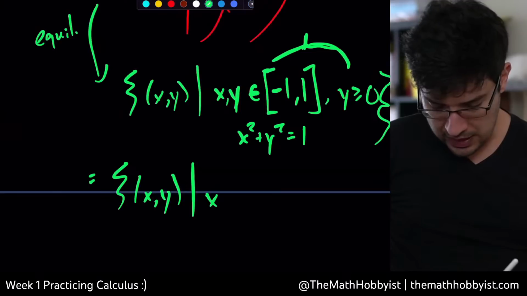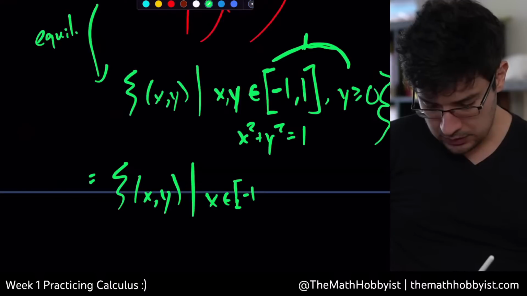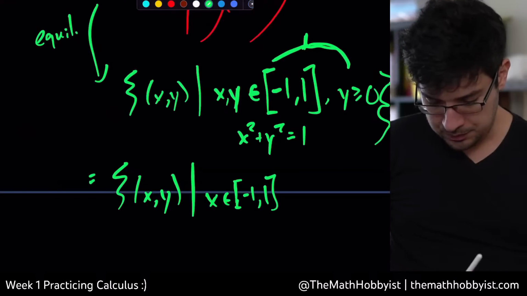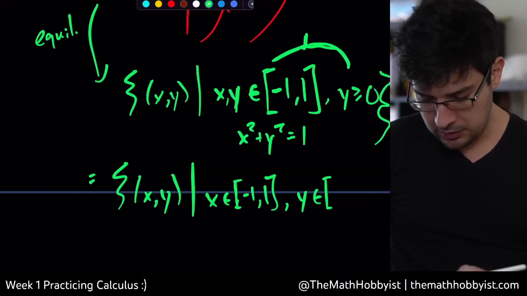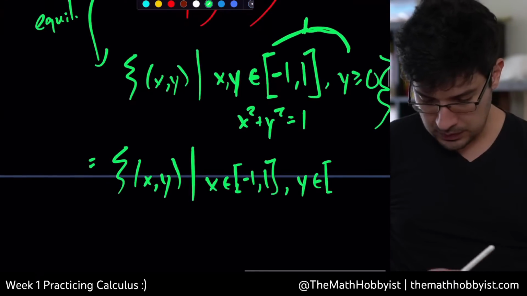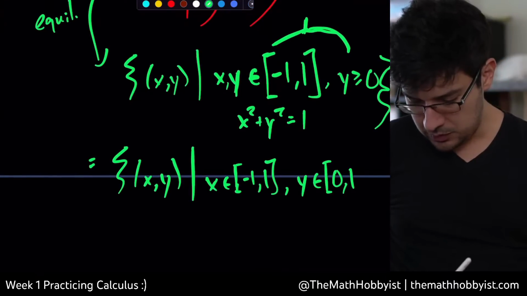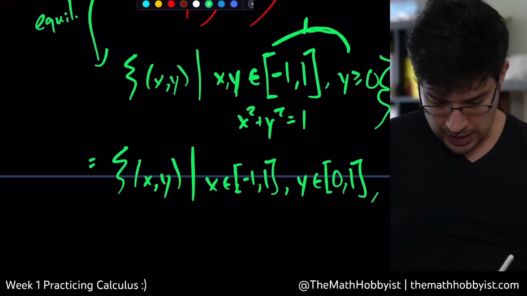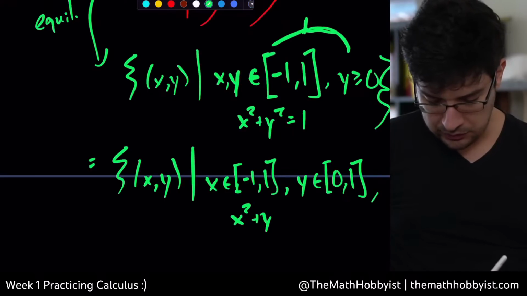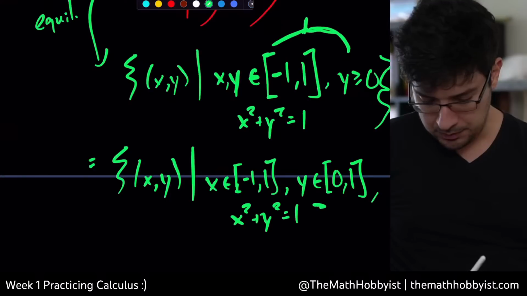So I could say x is in -1 to +1, y is in 0 to 1, and x squared plus y squared equals 1.